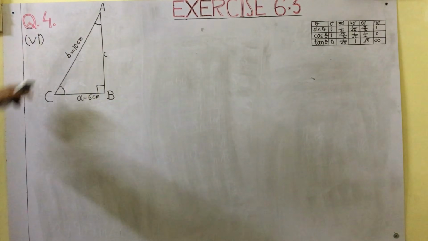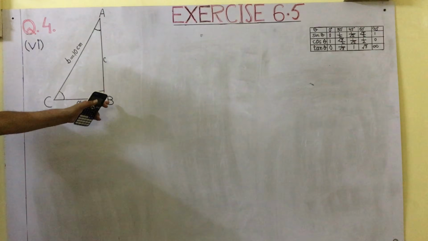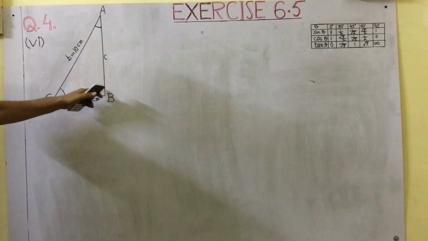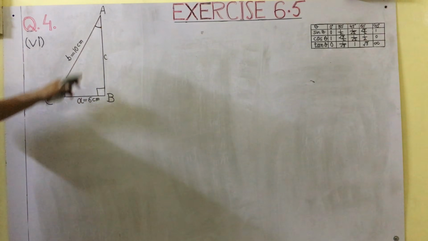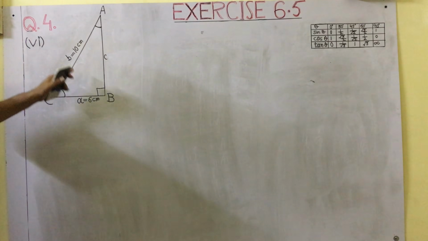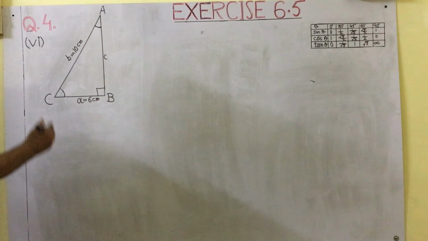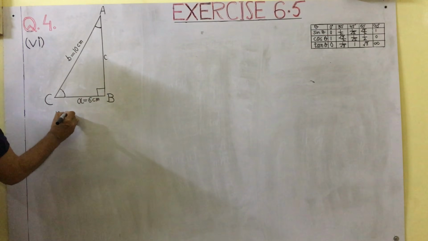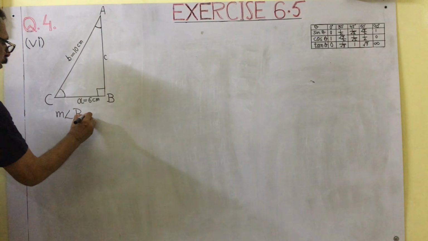Question 4, part 6. Given is right triangle ABC in which measurement of angle B is of 90 degrees. A is 6 centimeters, B is 10 centimeters. So collect the data. Angle B is of 90 degrees.